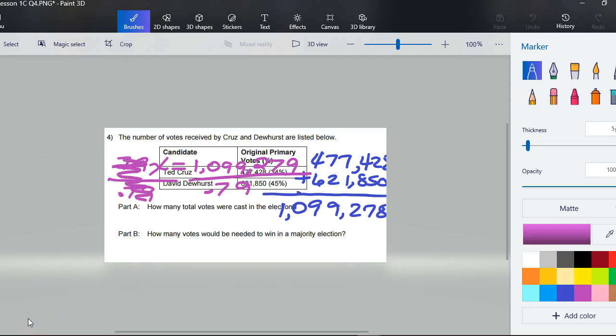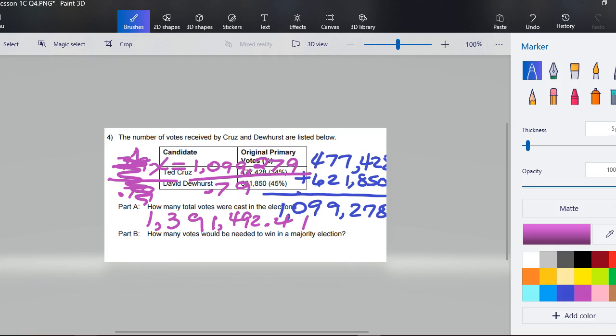So these become 1, and so our x is going to be the result of 1,099,279 divided by 79 hundredths. So the number that I get is 1,391,492.41.